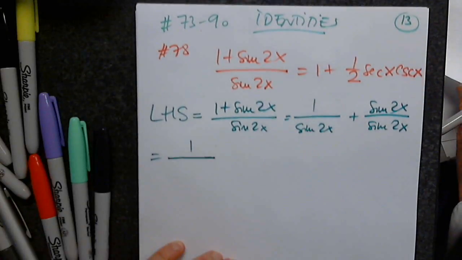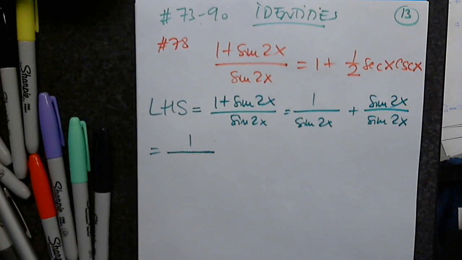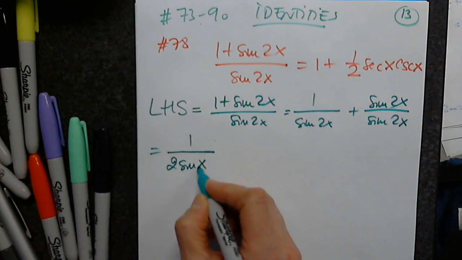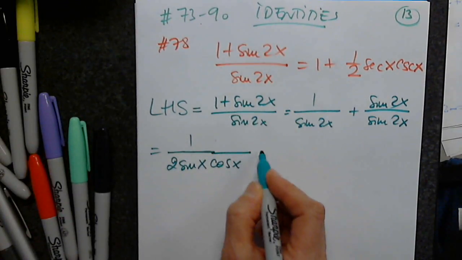What is the formula for sine twice x? The formula for sine twice x is twice sine x cosine x.